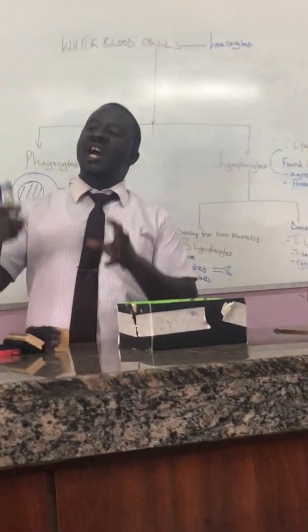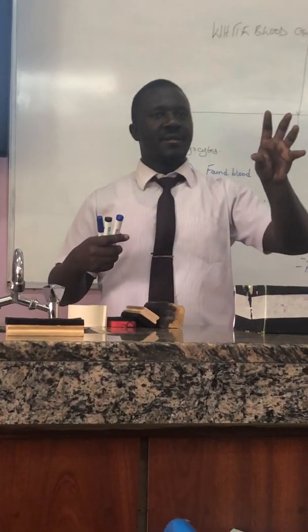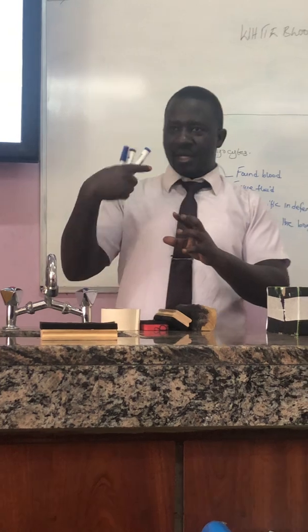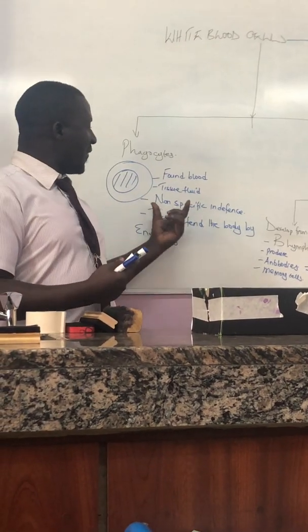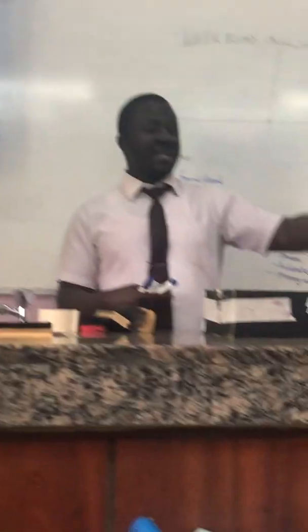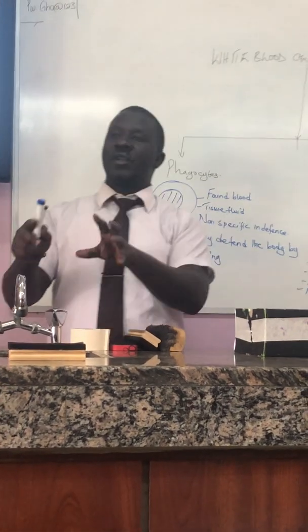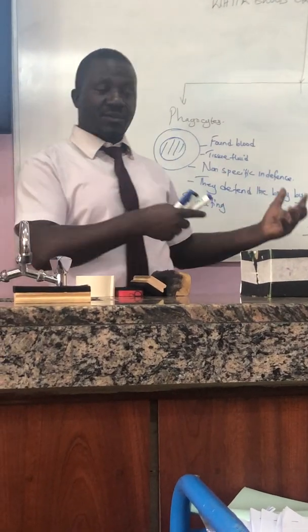Those which are not supposed to be there are marked as foreign. When marked as foreign, this triggers the immune response. It triggers the phagocytes to come and engulf the cell, or they label it foreign, and then the other defenses come in to attack and destroy it.